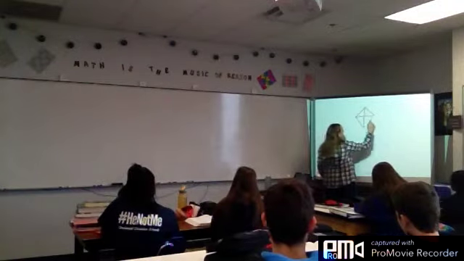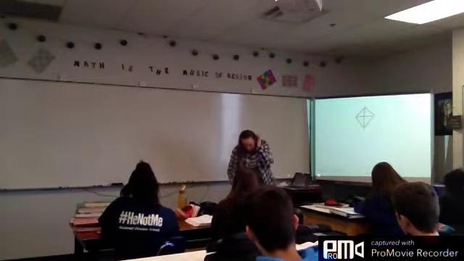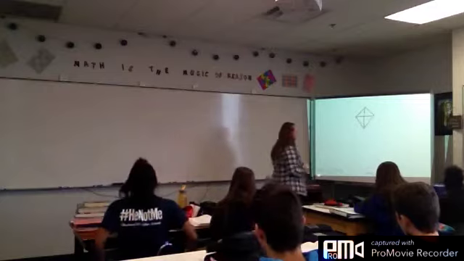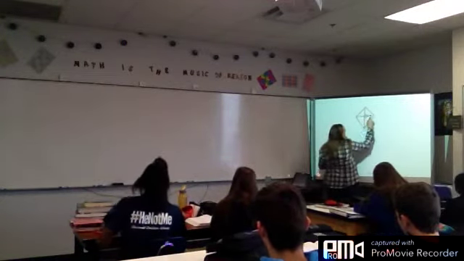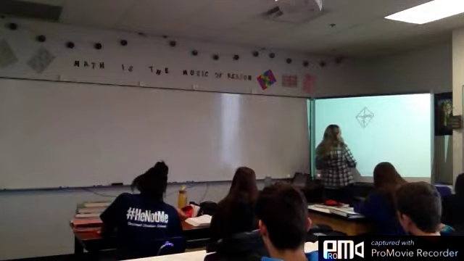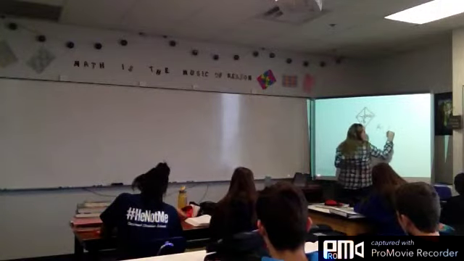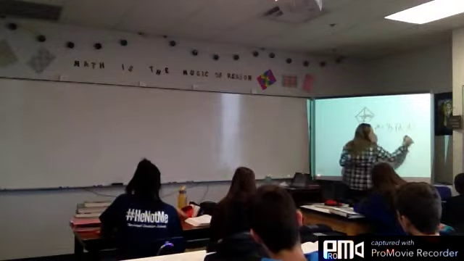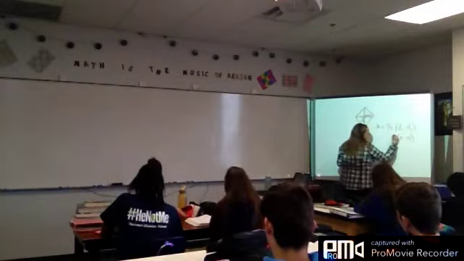It's 1/2 of diagonal 1 times diagonal 2. Okay? Let's just give these lengths. Let's say that this segment here is 12. Let's say that this segment here is 13. How do I solve the area of a kite? Area of a kite, 1/2 D1 times D2, right? So I do 12 times 13 times 1/2.